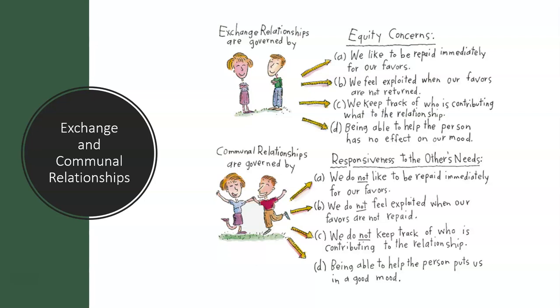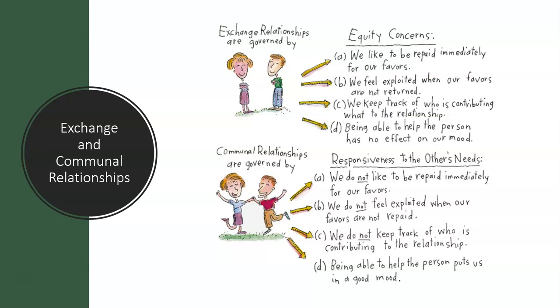And then when you help that person, when you do something nice for them, you're going to feel good about yourself because what you're doing validates the communal nature of the relationship itself. So what's been found is that if you have two people who really value equity and exchange and they're in agreement about it, they can actually be satisfied in their relationship.